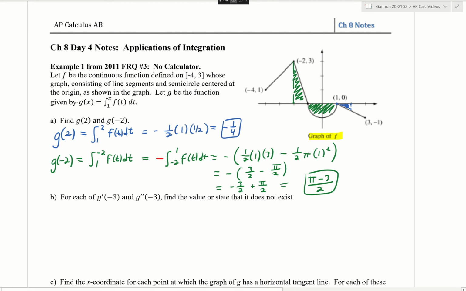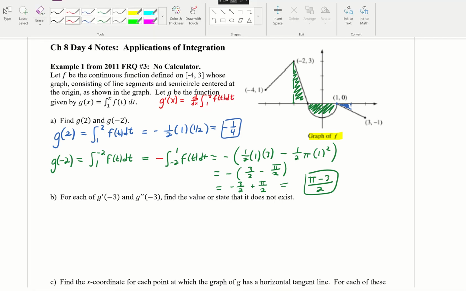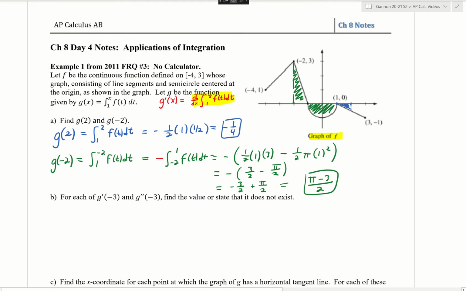So using that relationship above, g prime of x is going to be the derivative of the integral 1 to x of f of t dt. Hopefully you recognize that that is the second fundamental theorem of calculus, and when we apply it, g prime of x is simply f of x. So this graph is the derivative of g, basically.